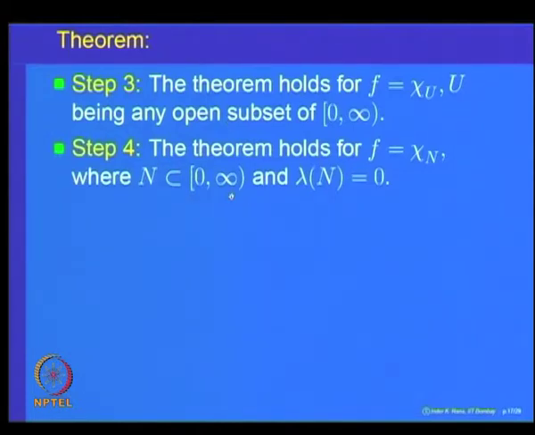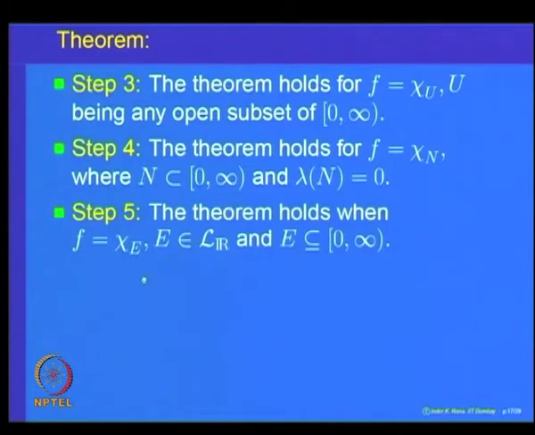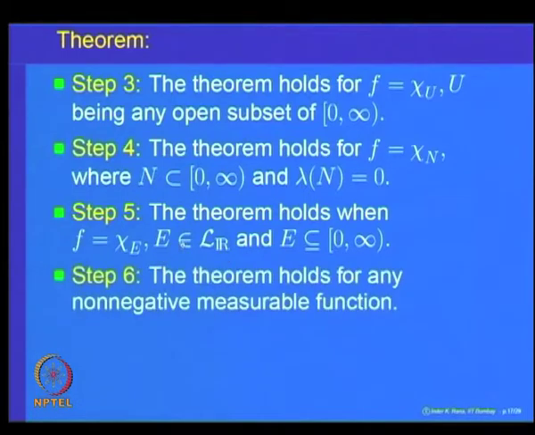From open sets and null sets, one goes to the indicator function of any Lebesgue measurable set, because any Lebesgue measurable set can be written in terms of open sets and null sets. And from this one applies the usual monotone convergence theorem technique, from the indicator function to non-negative measurable functions. So, these are the steps one follows to prove a theorem of this kind.